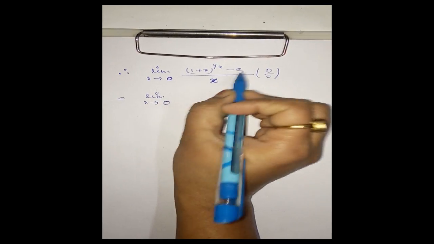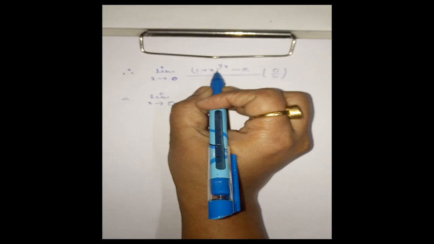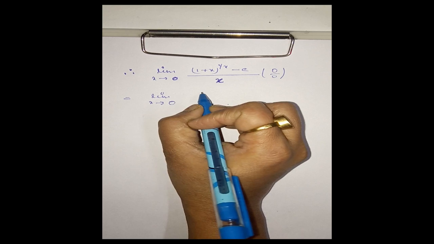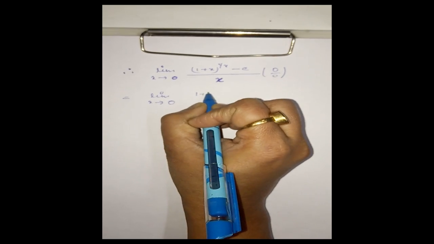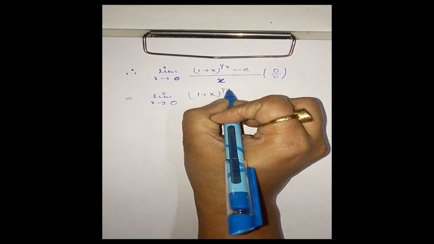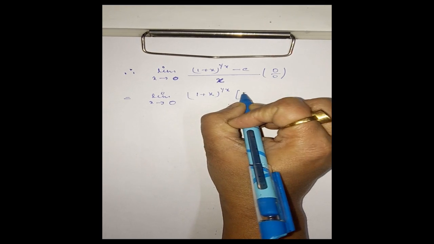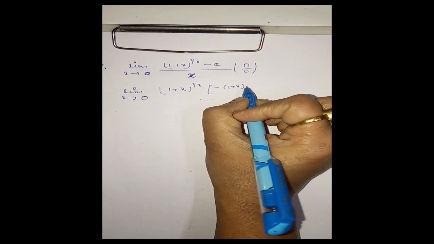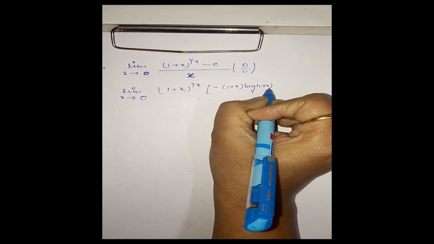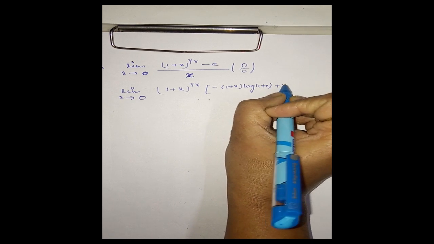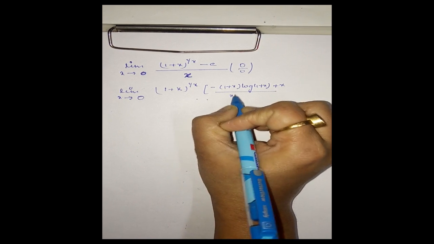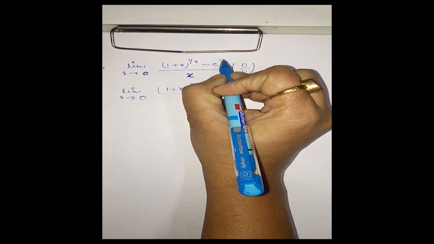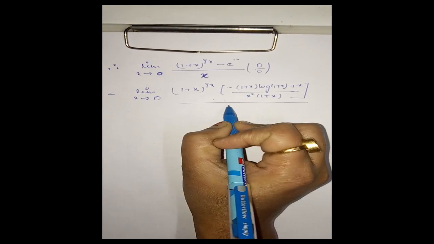Now differentiating this, applying L'Hopital's rule, the differentiation of (1 plus x) power 1 by x is, limit as x tends to 0, (1 plus x) power 1 by x into (x minus (1 plus x) log (1 plus x)) divided by x square into (1 plus x), and the derivative of minus e is 0 and the derivative of x is 1.